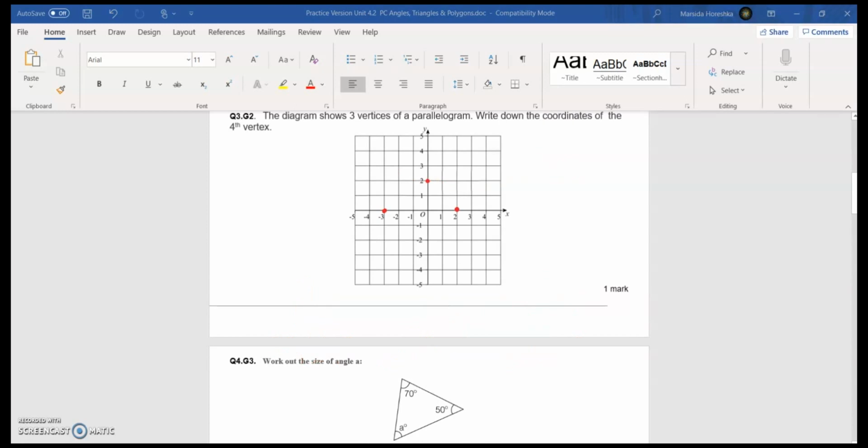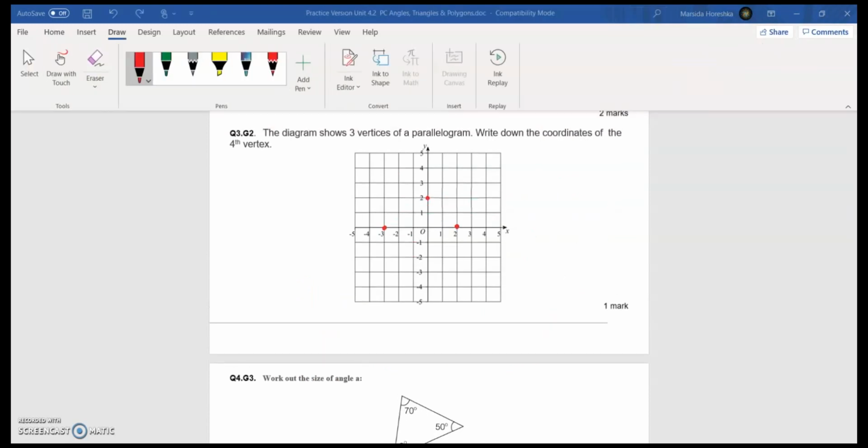Now we have, the diagram shows 3 vertices of a parallelogram. Write down the coordinates of the 4th vertex, the 4th corner. So looking at these 3 dots that we have, we can imagine there to be a line between these 2 dots and another line between them too.